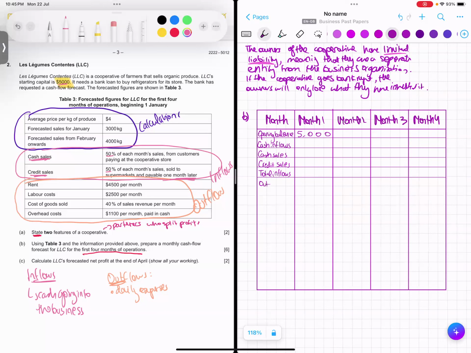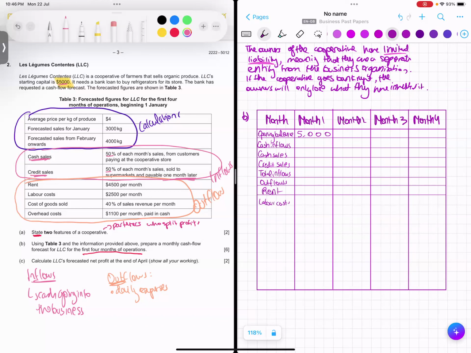So we do outflows. I'm just going to make this go up a bit. Now, in your exam you don't have to be a complete neat freak, but you have to make sure it's good, especially in the official exams, because your examiner needs to be able to understand everything you're doing. Rent. Then after rent, you have labor costs.